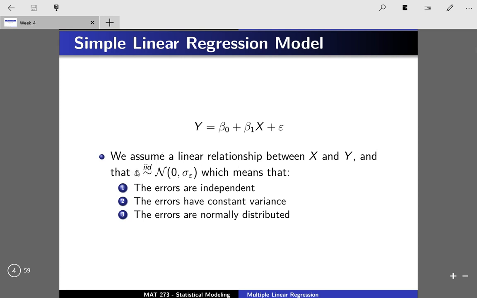So this is saying the errors epsilon are distributed independent and identically, IID, normal. That's what this special case N means. Normal with mean 0 and standard deviation sigma sub epsilon. So this is saying they all have the same standard deviation, which means they will all have the same variance. So this is a way to succinctly state all 3 of these assumptions.